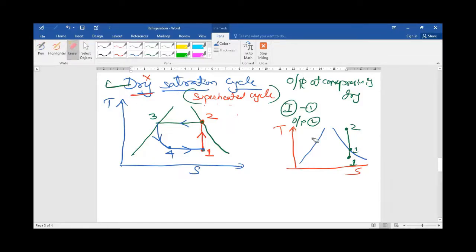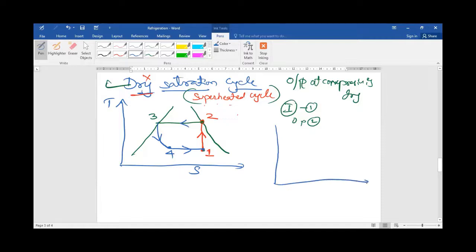And how should we draw the PV diagram? Not the PV diagram, the pH diagram. For a refrigerant, we draw the pH diagram. Why are we plotting the pH diagram? Because here there is a change in phase of the working substance. Wherever the working substance changes phase, we draw the pH diagram.